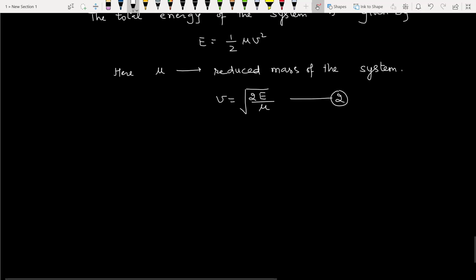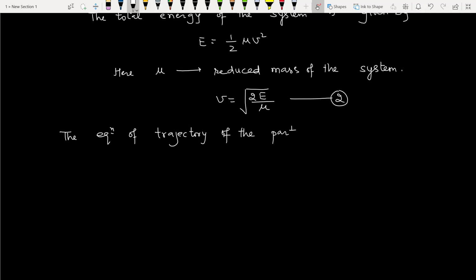And the general equation of trajectory of the incident particle, or we can say scattered particle, is given by 1 by r is equal to 1 by l times 1 plus e cos theta.